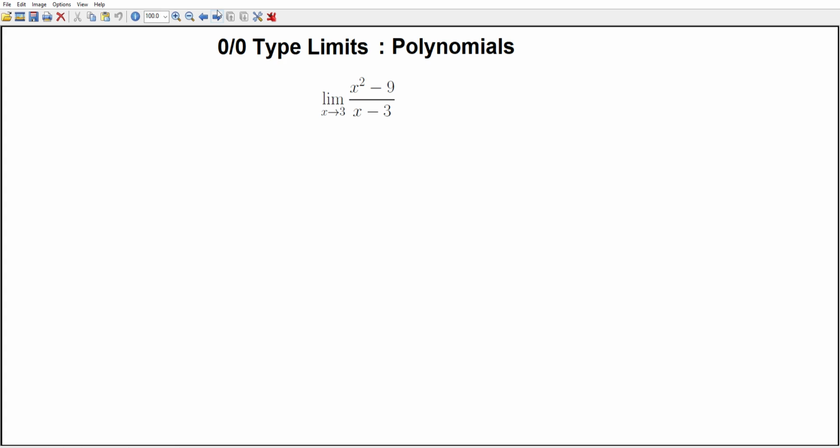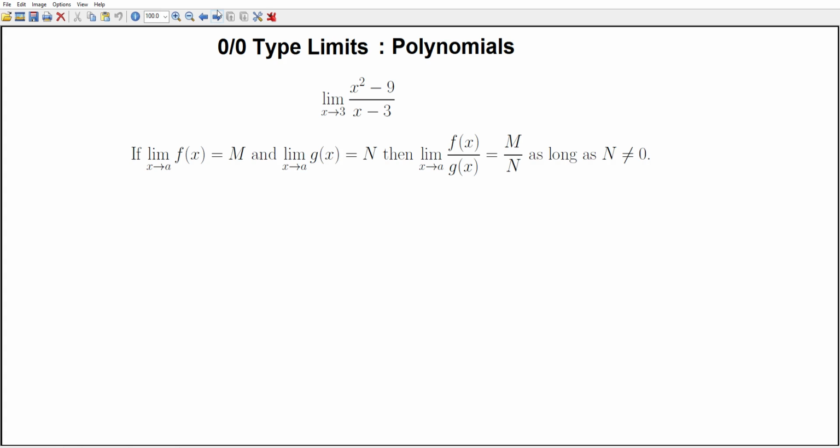Now, in many situations, we calculate such limits by calculating the limit of the top and the limit of the bottom, and then taking the quotient of the two. But this only works as long as the bottom is not 0. And the problem in this case is not only the bottom 0, so is the top.